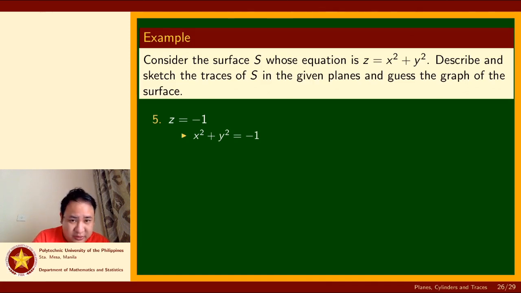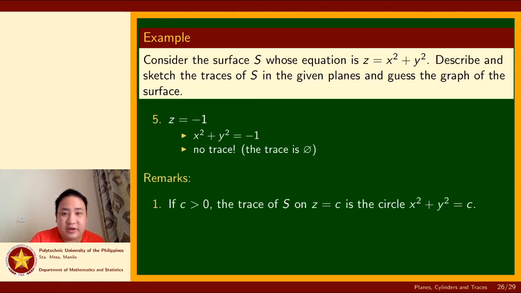So no x and y can ever satisfy this. That's why there is no trace. In other words, the surface will not pass through the plane z equals -1. Mathematically, we say that the trace is the empty set, so we do not have a graph, right?